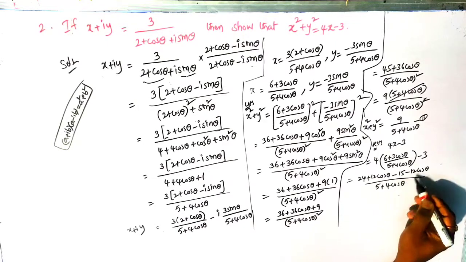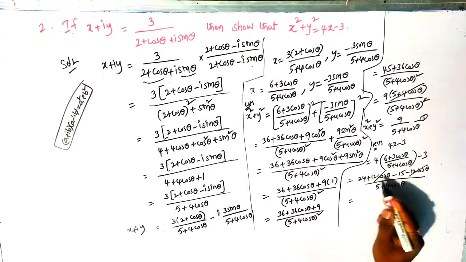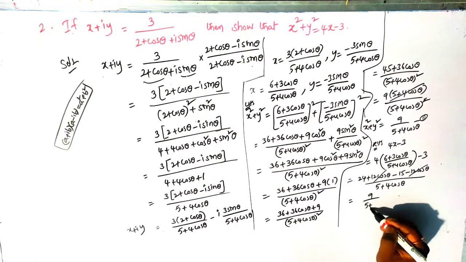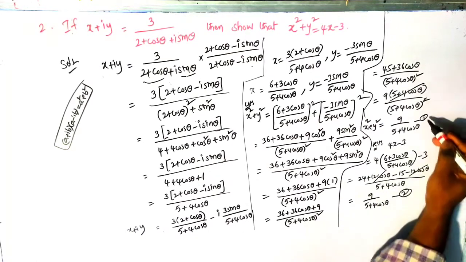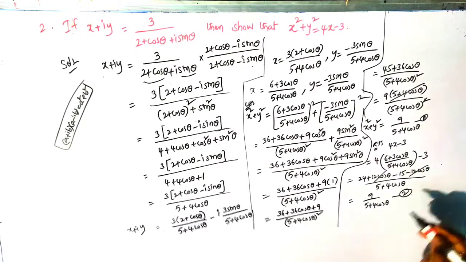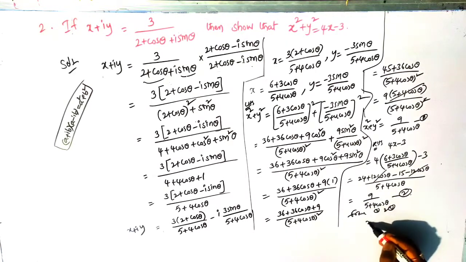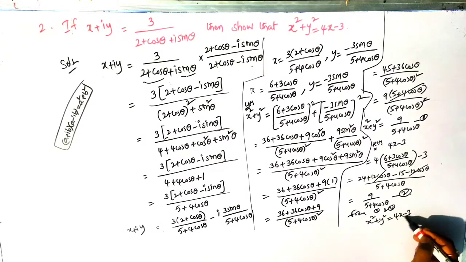So minus 12 cos theta plus 12 cos theta cancel. 24 minus 15 is nothing but 9 by 5 plus 4 cos theta. This is equation number 2. So this is equation number 1 and this is equation number 2. So from 1 and 2, x square plus y square equals 4x minus 3.